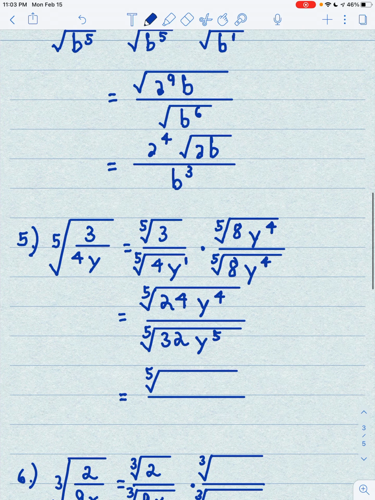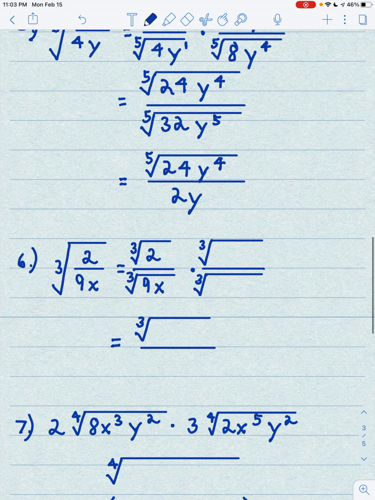And as I take a look, when I simplify, the denominator is just going to become 2y. And now we have no radical in the denominator, which was what we were attempting to do. The numerator, 24, does not have any perfect fifths in it, and the power of y is less than the index, so that's all we can do.